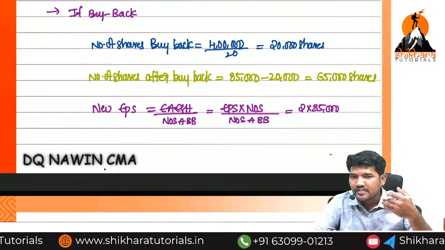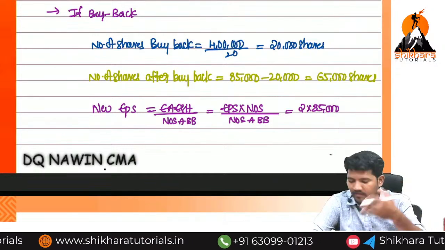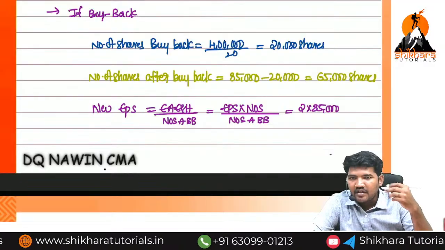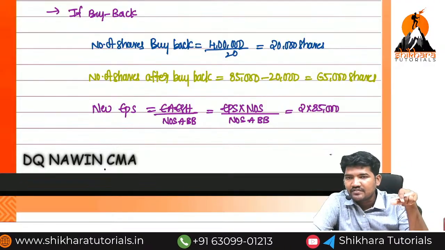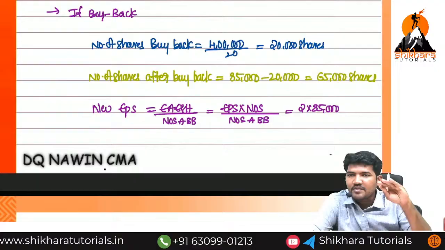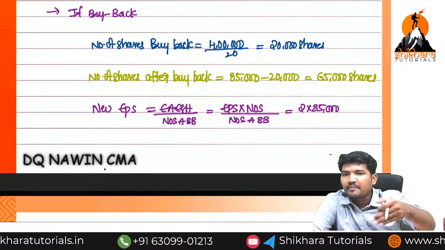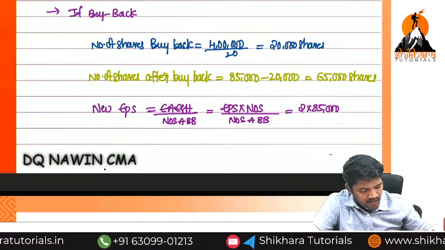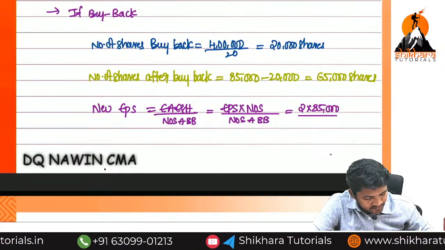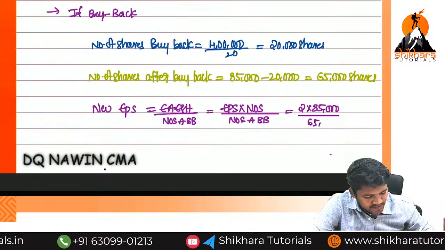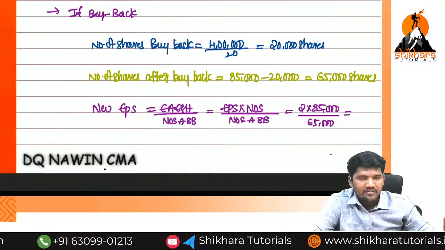I am calculating earnings, which talks about total. EPS talks about the new number after buyback. Are you clear? Now divided by 65,000 shares.